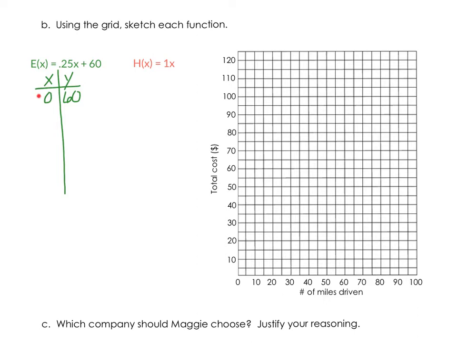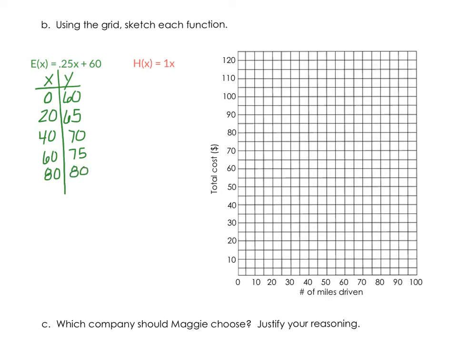So with changing it to counting by 5s, the next good point after 0, 60 that I see is 20 at 65. And then I have some more decimals, and then I move down to 40 is at 70, and then 60 is at 75, and 80 is at 80.